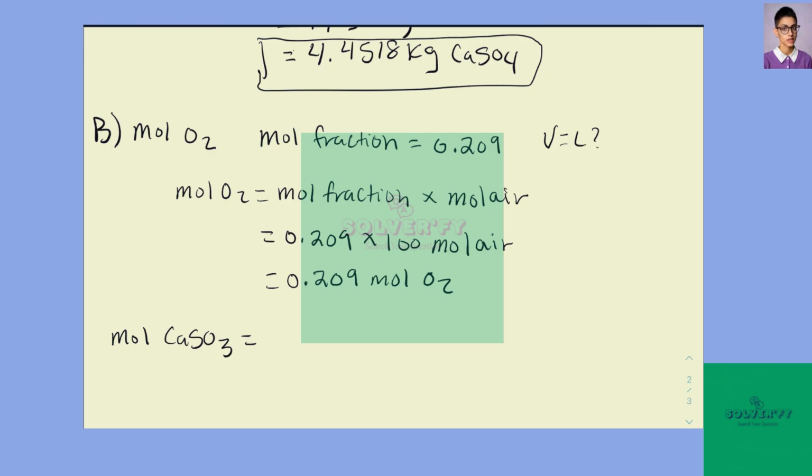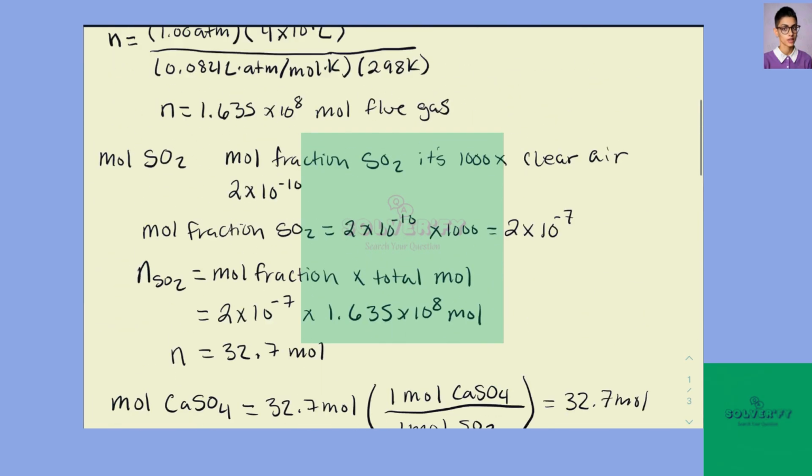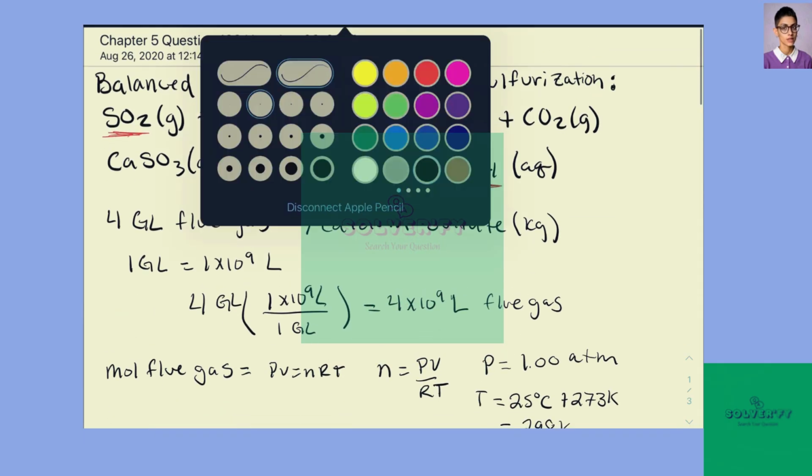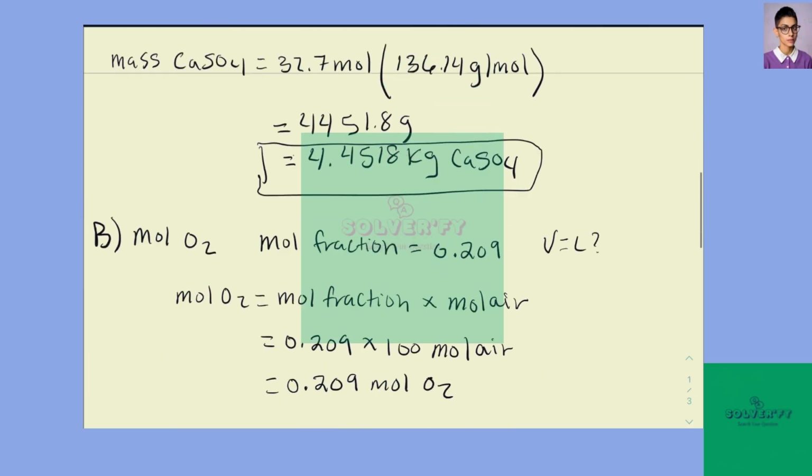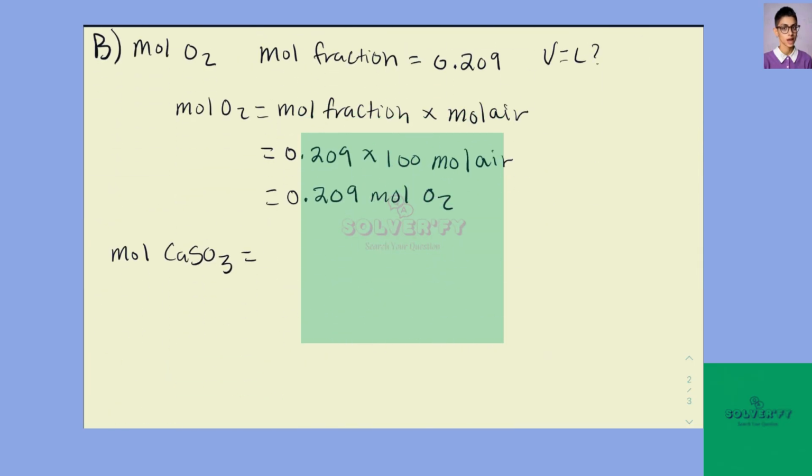So we know that if we go back up here to our balanced chemical equations, we see that 1 mole of the calcium sulfite goes to 1 mole of our sulfur dioxide. We already know the moles of our sulfur dioxide, so let's just use that number for our molar ratio to figure out our moles of calcium sulfite. So we're going to use 32.7 moles of our calcium sulfite, because it's just going to be a 1-to-1 ratio.